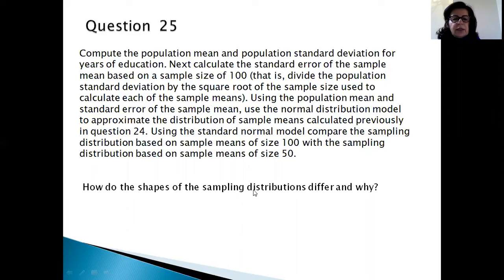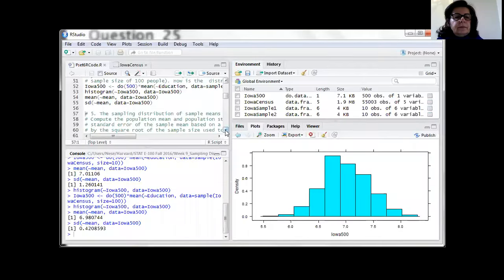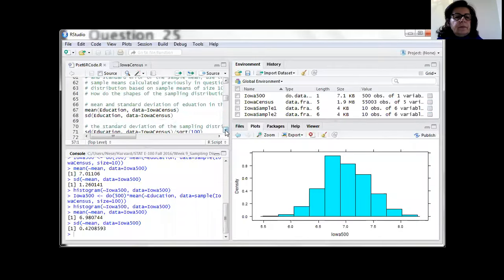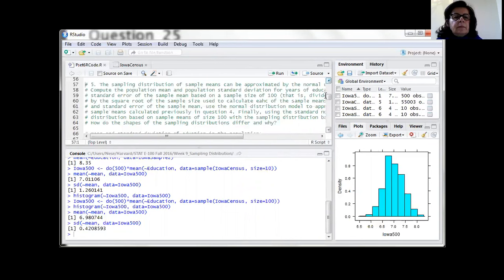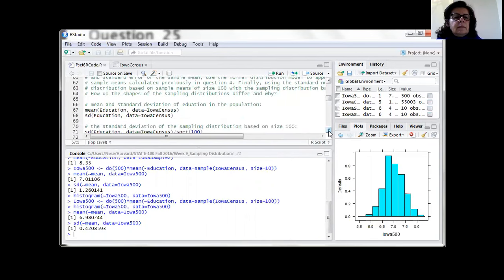How do the shapes of the sampling distributions differ and why? We are missing some tilde in here.